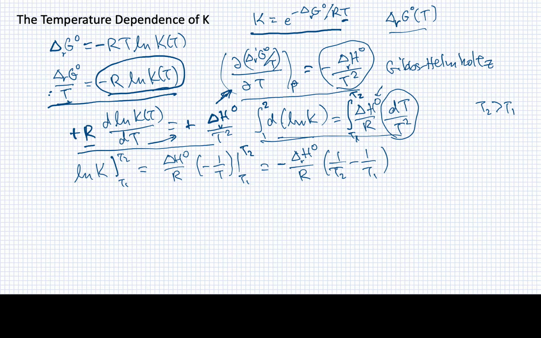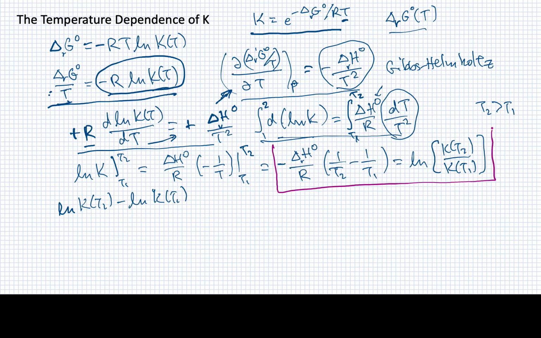And on this side I'll have simply the log of K of T2 minus the log of K of T1, which I can write as the log of the ratio K of T2 divided by K of T1. And what I've written here, and I'll put a box around it to make it special, is something called the van 't Hoff equation.